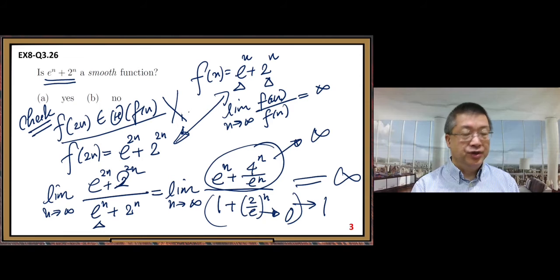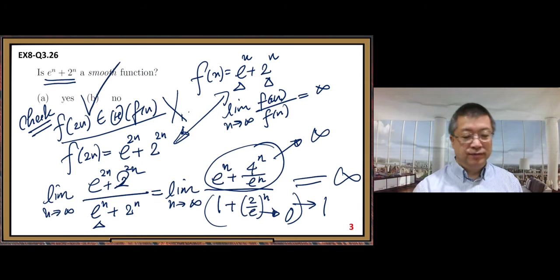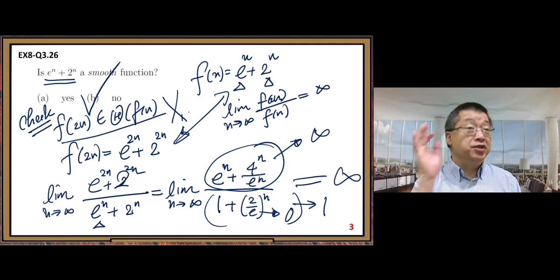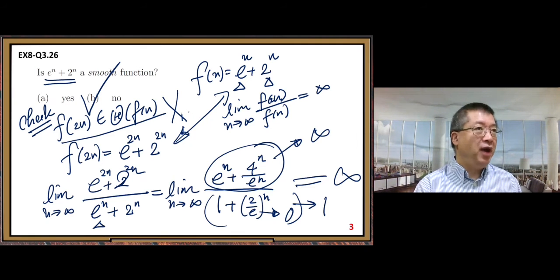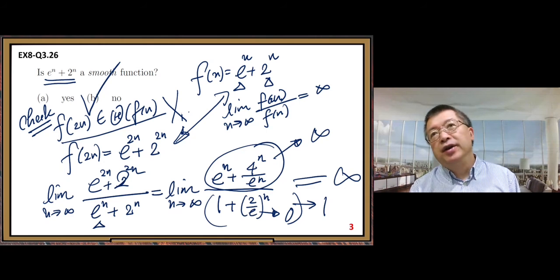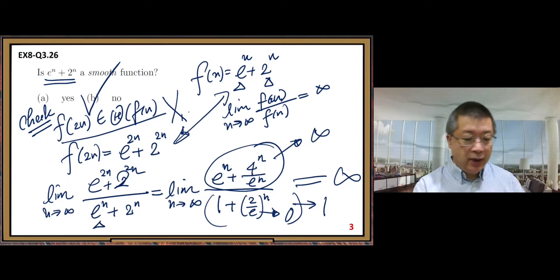The ratio goes to infinity. So the answer is no. So you can use the limit way to help you check if it is in big theta or not. Okay? All right.